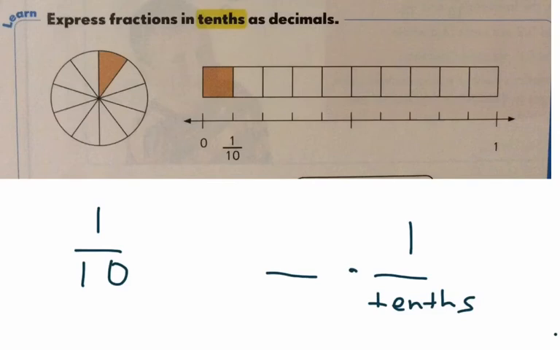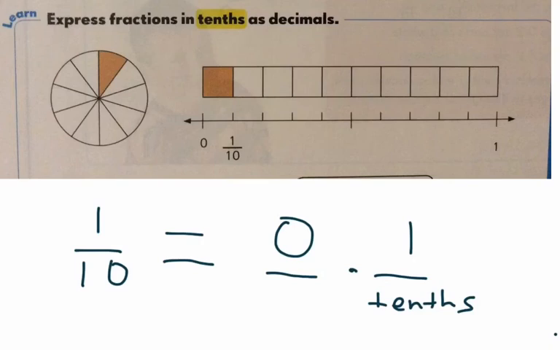Since we don't have anything more than 1/10, we'll put a 0 in the ones place since we do not have any wholes. Now it's important to understand that our fraction form is equivalent, or has the same value as, the decimal form. So 1/10 equals 0.1.